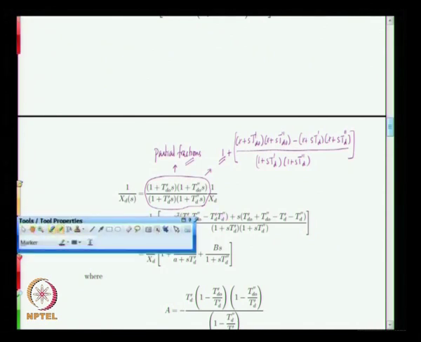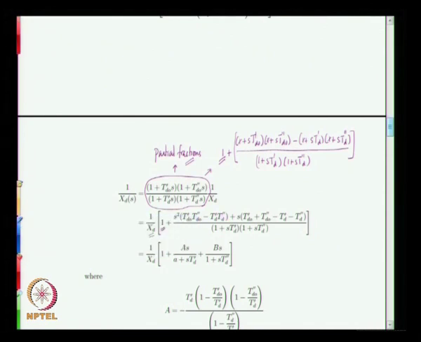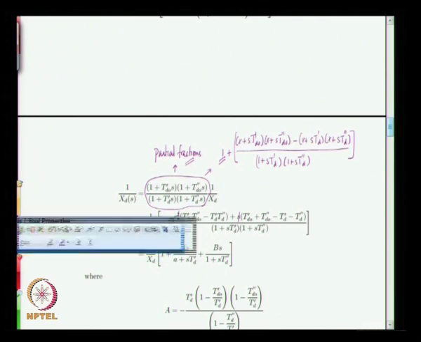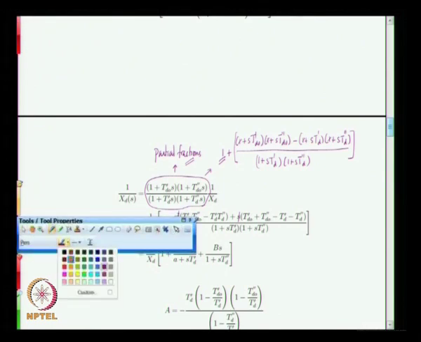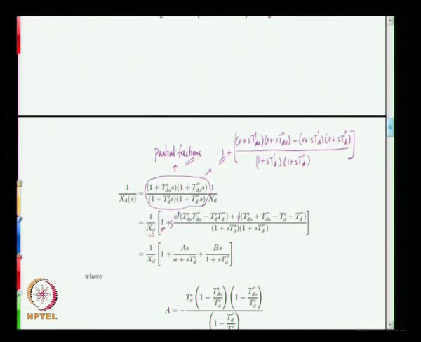So if you take an s term outside out of this part, you can write it as s into this, the s square goes away and this s goes away. So now what you have within this bracket, the numerator is 1 degree lesser than the denominator.